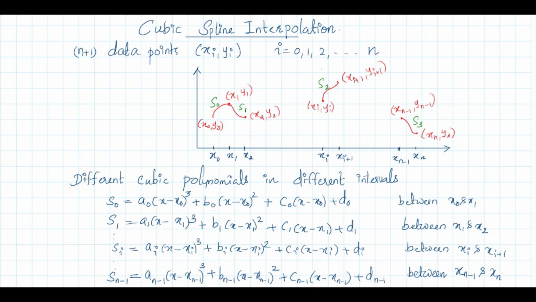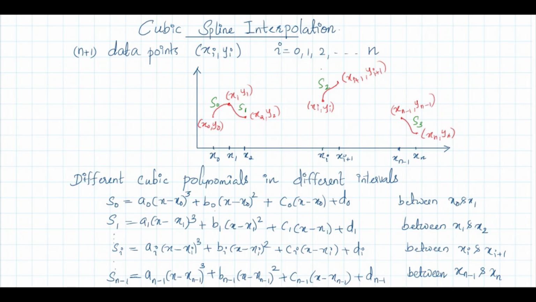In order to satisfy the last condition, second derivatives continuous, we have to consider at least cubic polynomials. Okay, if it is a quadratic one, the second derivative will be constant. So at the junction, the second derivative of the first spline and second spline will not match. So we have to consider at least cubic polynomial.